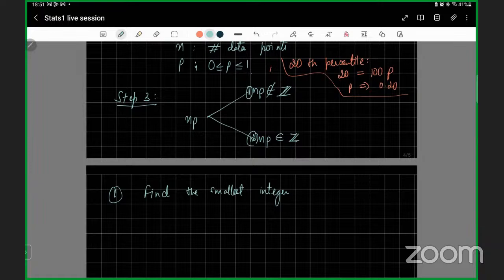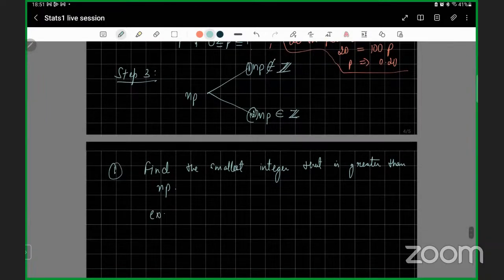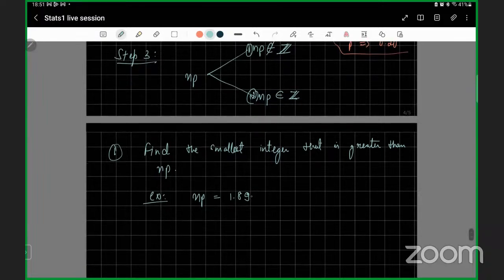So in the first case, what we do is find the smallest integer that is greater than NP. Let's say, for example, you get NP to be 1.89. This is not an integer, so we'll take it to be 2.